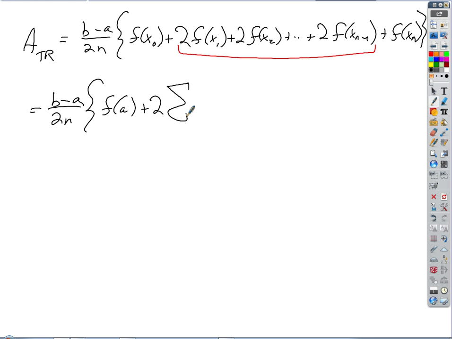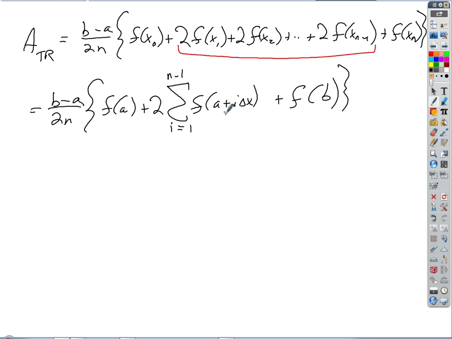Everybody agree? So x sub i is just f of a plus i delta x, as i goes from 1 to n minus 1, plus f of b. And usually I just collect those together at the beginning and then do the interior sum, right? That's not the way the book writes it, but to me, that's a much better way to do it.